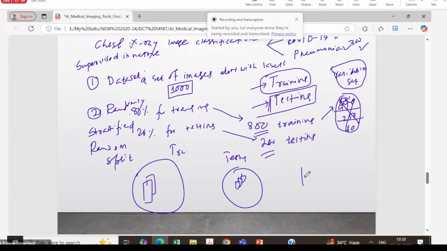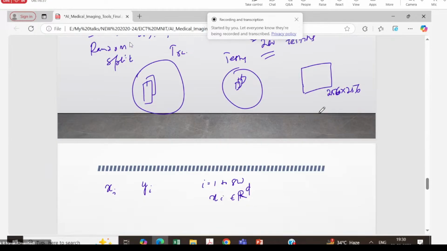Let's say all the images have size, for example, 256 cross 256. And what is the simplest way, if you are not focusing on feature extraction? You can just unroll this particular matrix into a vector having size 1, 2, and so on up to 256 into 256.